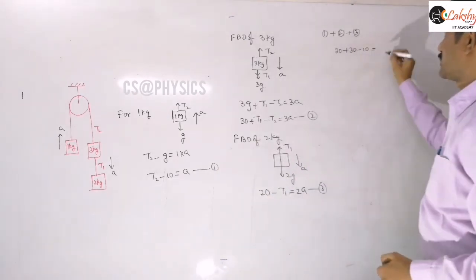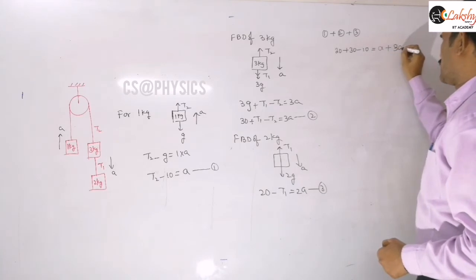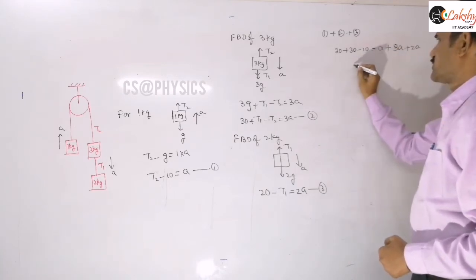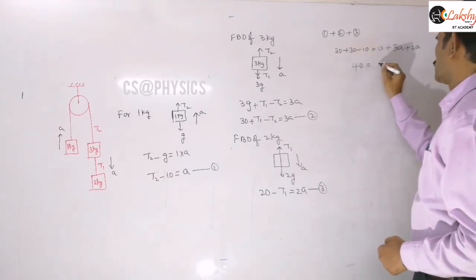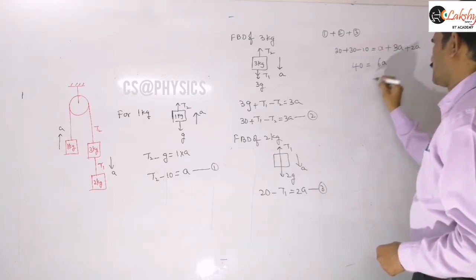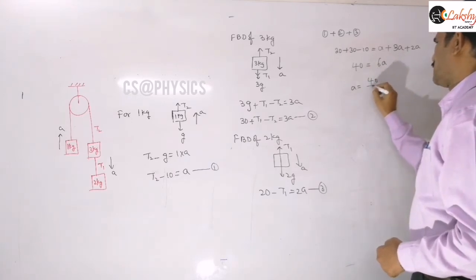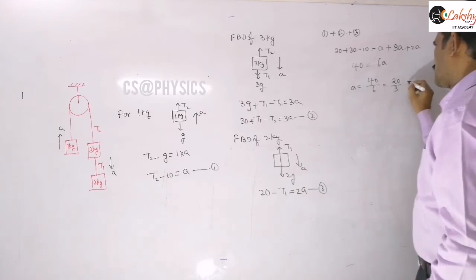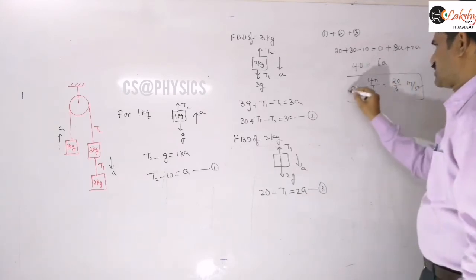So that will be cancelled. So this is equal to a plus 3a plus 2a, and therefore 40 is equal to 6a, or therefore a is equal to 40 by 6, which is nothing but 20 by 3 meter per second square. So it is the acceleration of the system here, right?